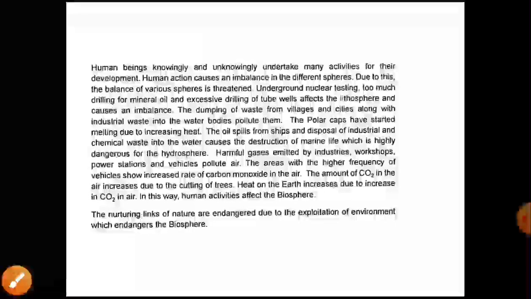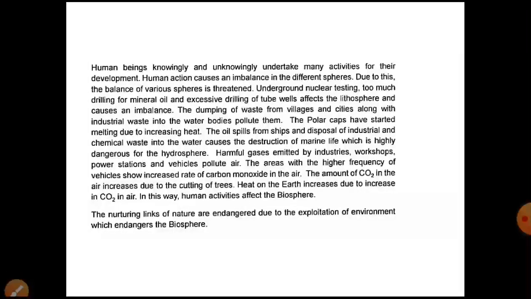Now human beings, knowingly and unknowingly, undertake many activities for their development. We all know that human action causes an imbalance in the different spheres. Due to this, the balance of various spheres is threatened.